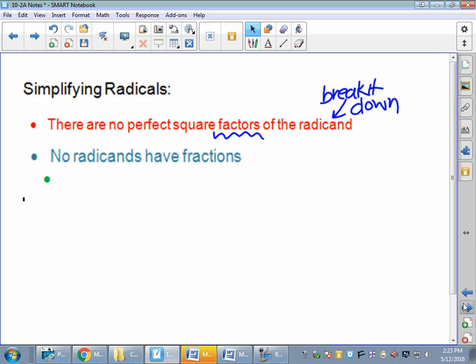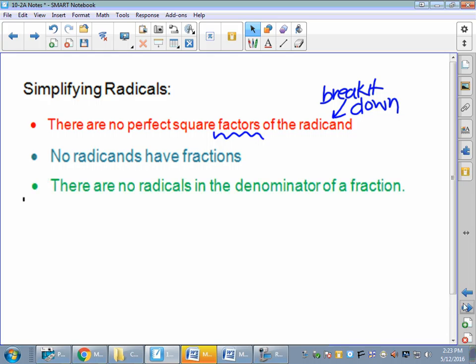We'll talk about that in 10.2b, I think. Can't remember. Sometime in 10.2. And last but not least, you've got no radicals in the denominator. So we'll deal with those other 2 things. We're going to deal right now with the first one. There are no perfect square factors of the radicand.